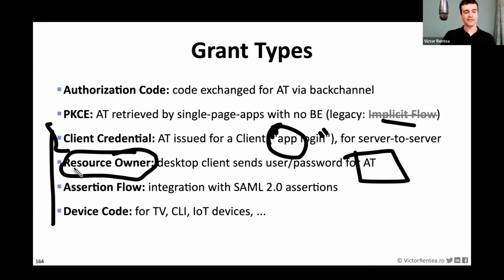Resource owner password, for desktop clients, like the example I know from the point of sale in Carrefour, my next door shop. They have a machine in which they type stuff, the point of sale, how is that called? And they enter a password. And surprisingly, behind the scenes, there is OAuth happening in here. How?